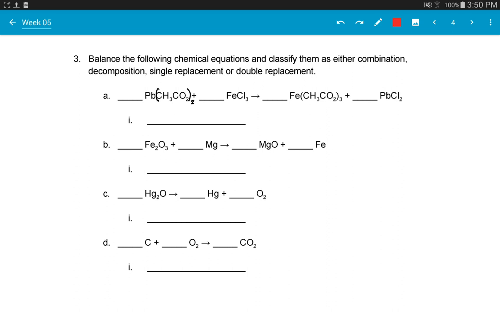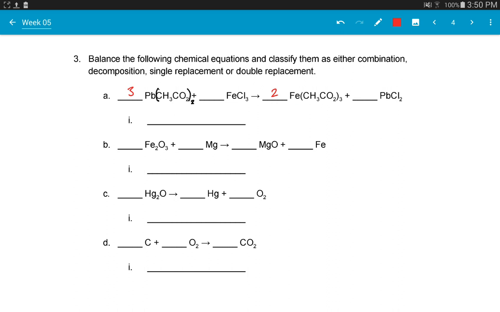To get to our least common multiple, we would need 6 acetates on both sides. If we were looking at this from a carbon standpoint, we had 4 and 6. We'd still be looking for 12 carbons.